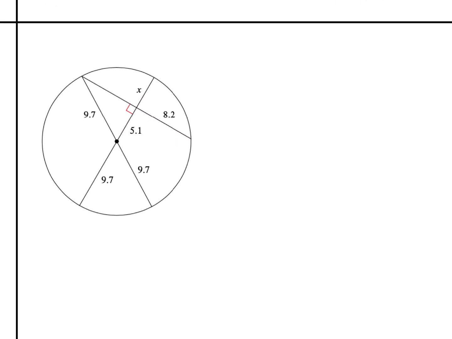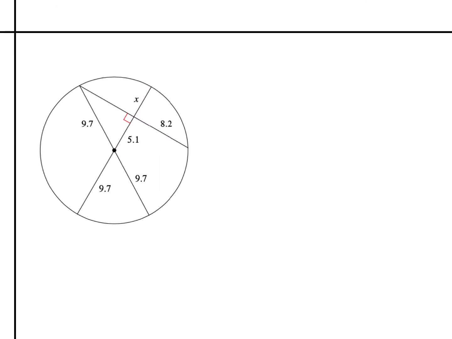Okay, let's go for the next. Too many numbers to see, but let's just find out what is asked in here. I can see that this is actually a radius. This is also a radius of 9.7.